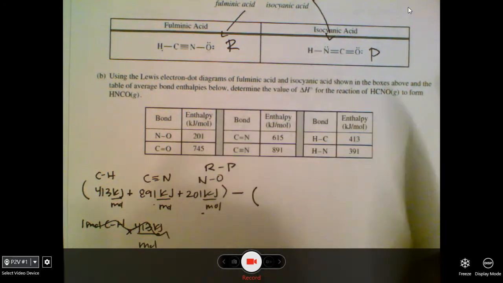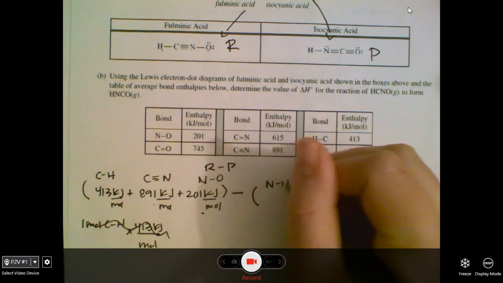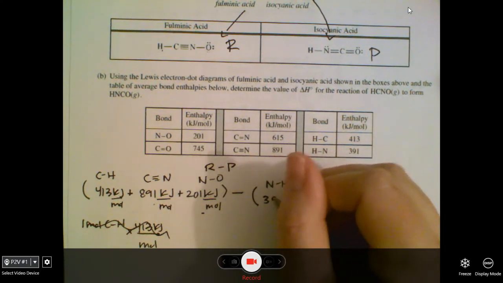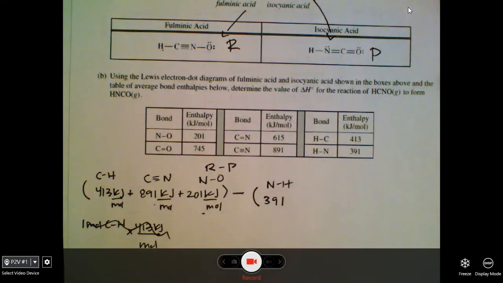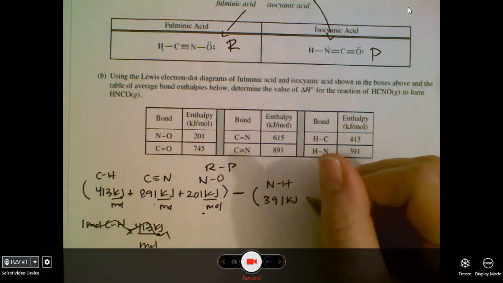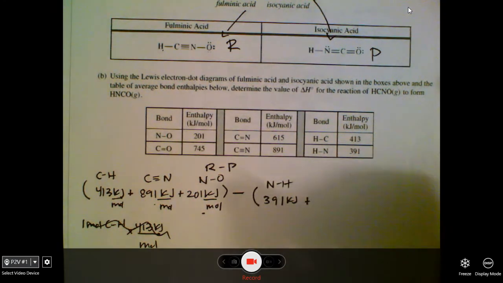Now my products: I'm making an N to H bond. When I make that bond, I get a pretty nice chunk of energy coming back into my process. When I reform that bond, I get 391 kilojoules from that 1 mole of N to H bonds being formed.